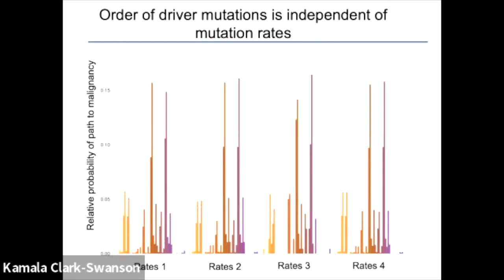And in all cases, up to stochastic fluctuations, we see exactly the same paths with more or less exactly the same probabilities. So this was super exciting to find out that the order of mutations is determined solely, it seems, by the fitness advantages that they provide and not by their mutation rates.